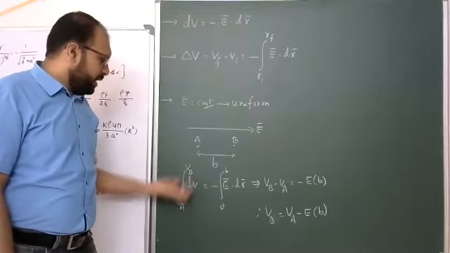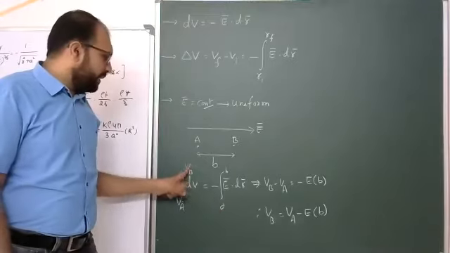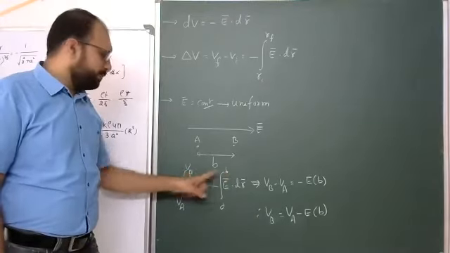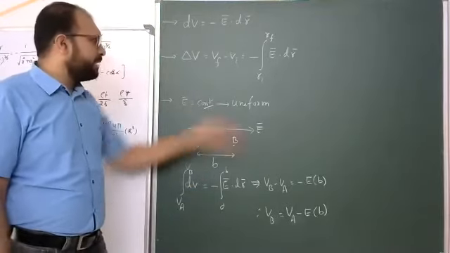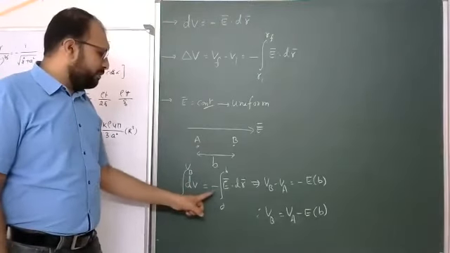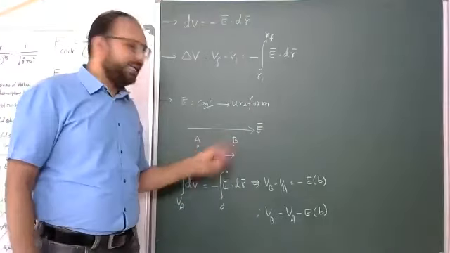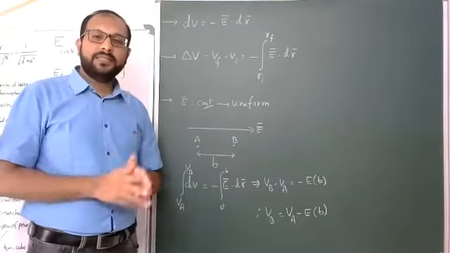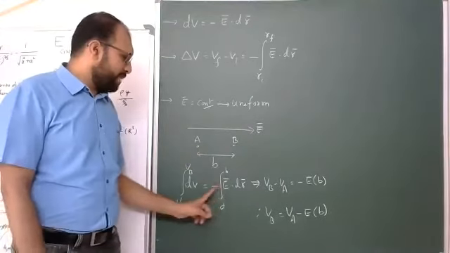The limits go from VA at the starting point, position vector 0, to VB, and from A to B the distance is b, so the upper limit is b. Here I am just substituting the limits in this equation, nothing more. Integral dV equal to minus integral E bar dot dr bar. Students, I already told you E is a constant, so E comes out, and the integral of dr bar is nothing but the displacement, from here to here, b. So that's why minus Eb.